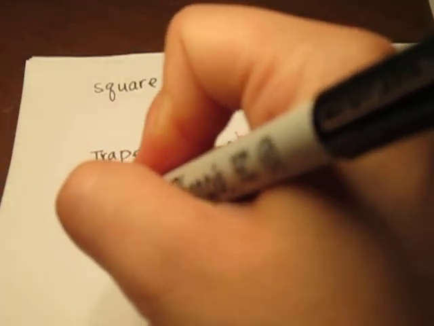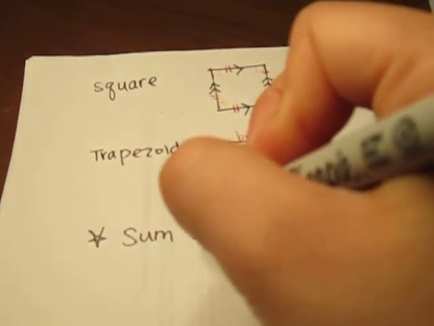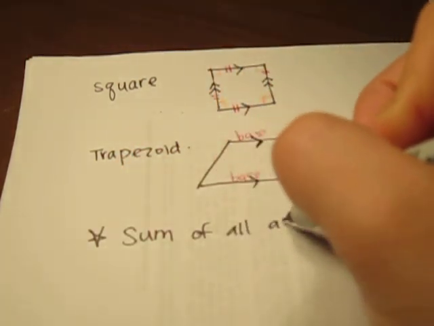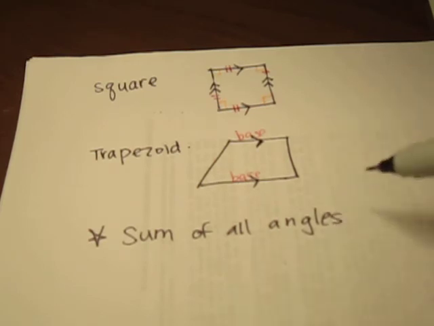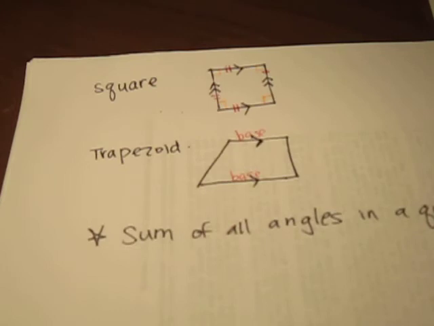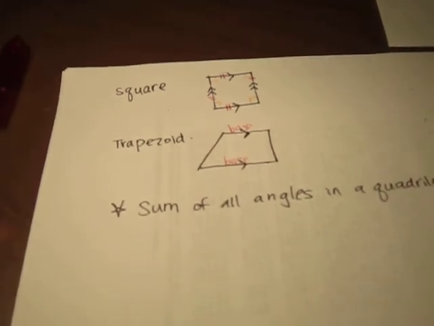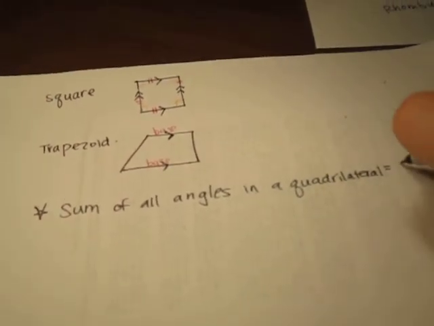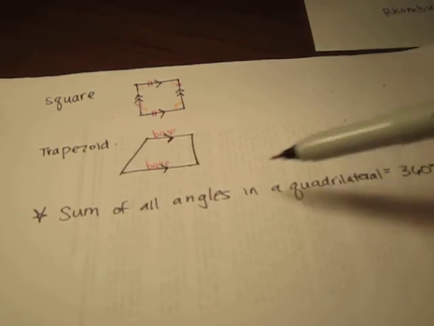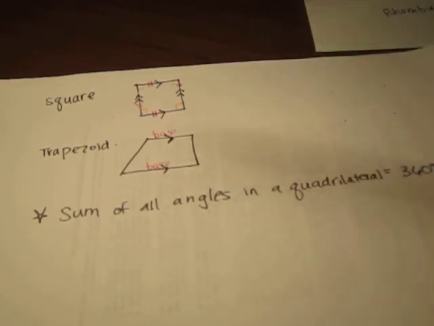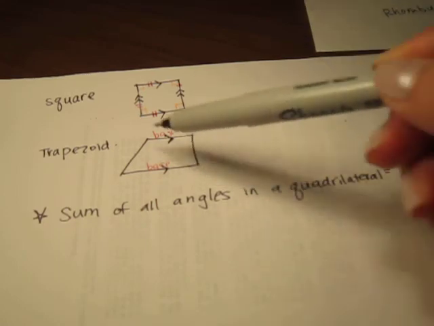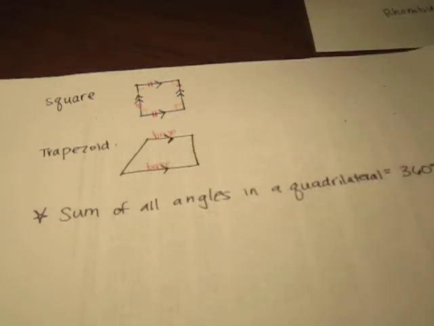In this case, for quadrilaterals, the sum of all angles in a quadrilateral are going to equal 360 degrees. So no matter what type of quadrilateral it is, whether it's a parallelogram, a square, or a trapezoid, if I add together all their angle measurements, it's always going to come out to be 360.